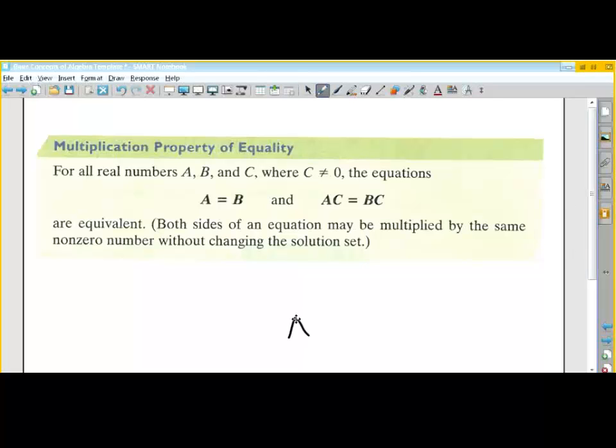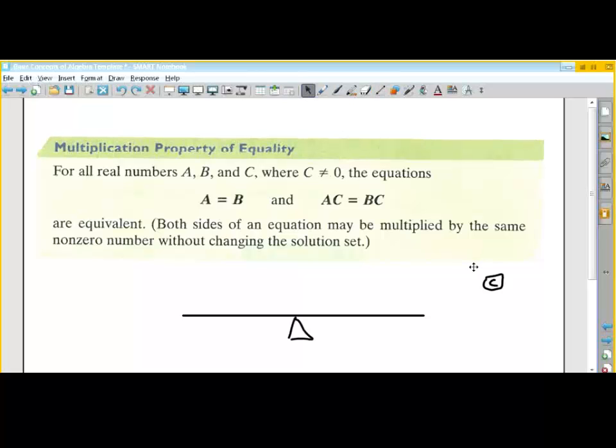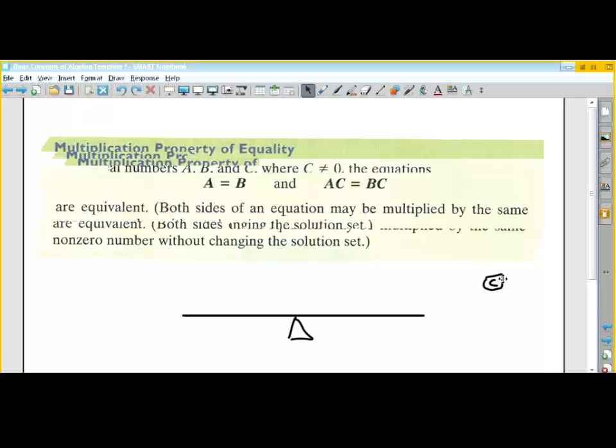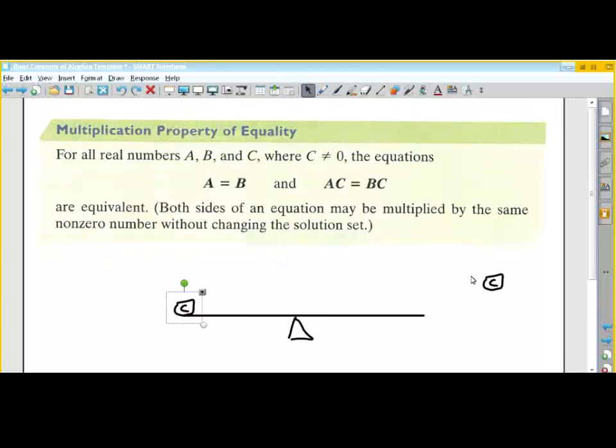Again, physically from a little teeter-totter standpoint, you can think of creating this little box with something in it, and we just make some clones of it.